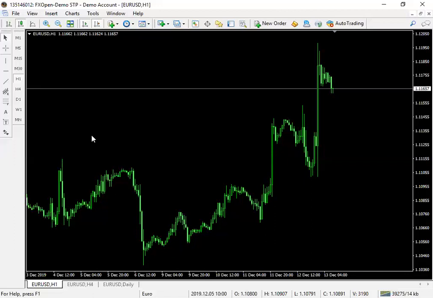Right now we're currently looking at the Euro USD on the H1, the 1 hour time frame. You can see it's clean, nothing is on the chart except these Japanese candlesticks. One of the most important things about Japanese candlesticks is that they are visually appealing. You can get a lot of information just by glancing over them.